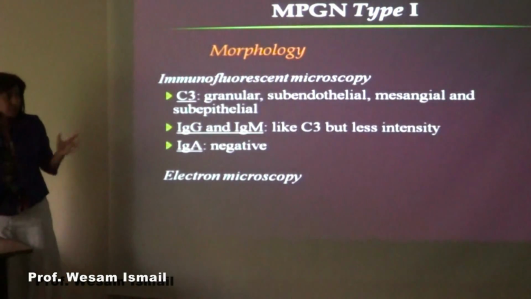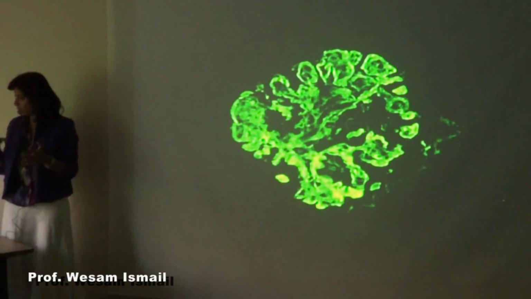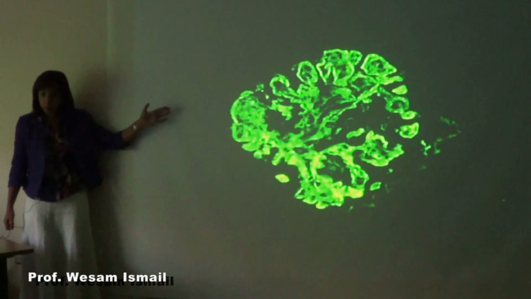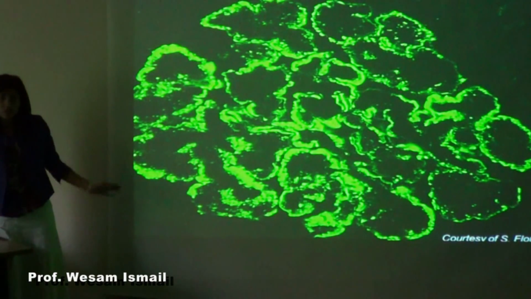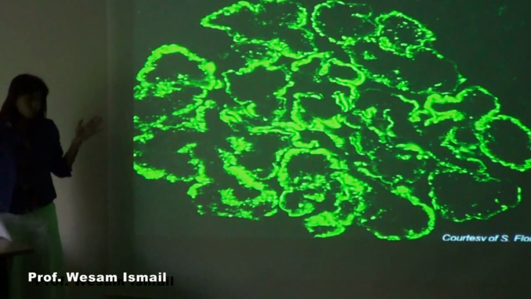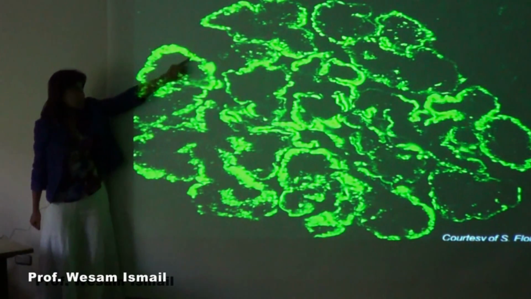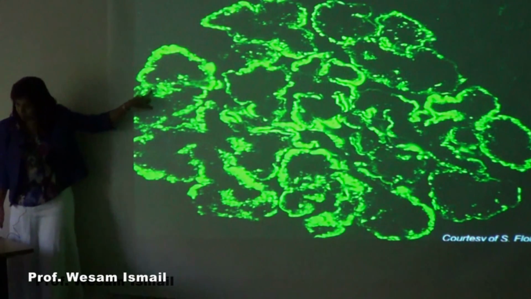On immunofluorescence, a typical MPGN type 1, you would get either IgG and/or IgM in the basement membrane and in the mesangium, and you get C3 and C1q as well. This is a beautiful C3, it's bursting with green fluorescence, and as you can see the subendothelial deposits on the immunofluorescence.